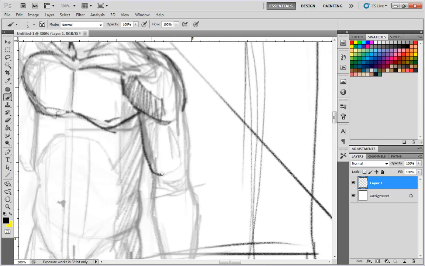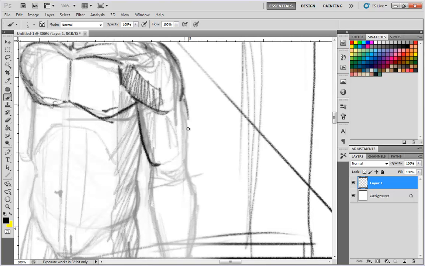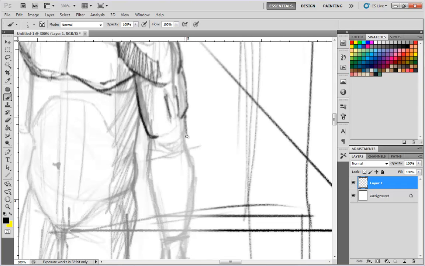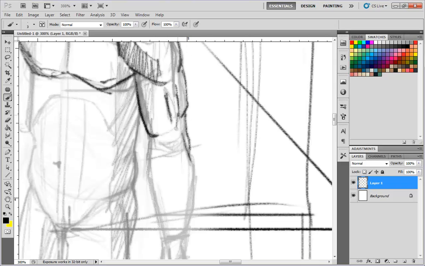So as you can see, you can come in here and start tweaking it. Damn it, stupid thing.